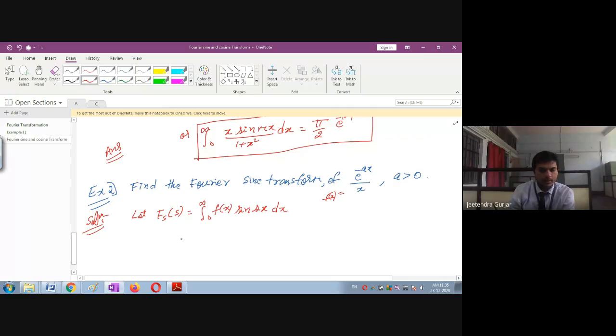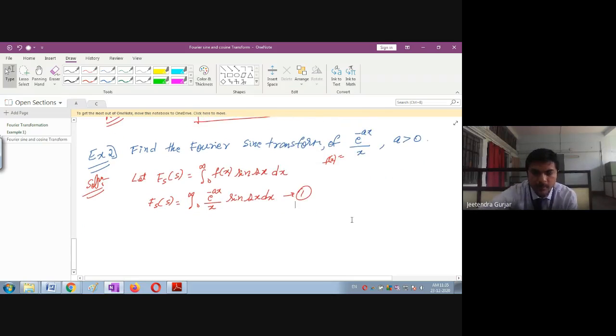Just substitute. So this will be written as Fs of s is equal to integration 0 to infinity e raised to minus ax divided by x, sine sx dx. Remaining terms, please keep as they are. I will take this as equation 1. Now, can anybody tell me how we are going to simplify this now?